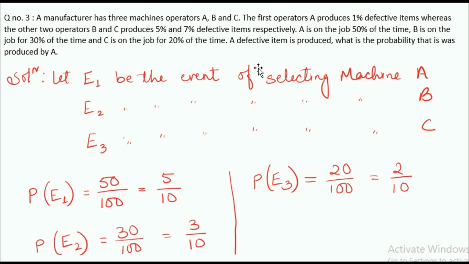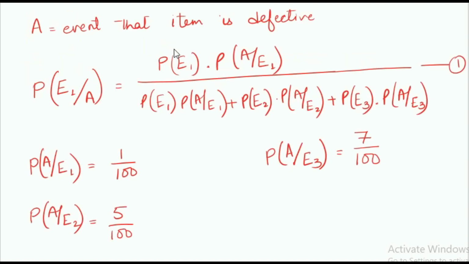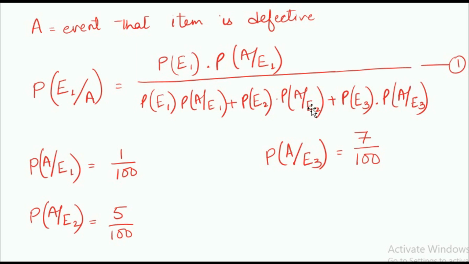So probability of E1 is 5 by 10, into probability of A given E1, which is 1 by 100. 5 by 10 into 1 by 100, plus probability of E2 into probability of A given E2.